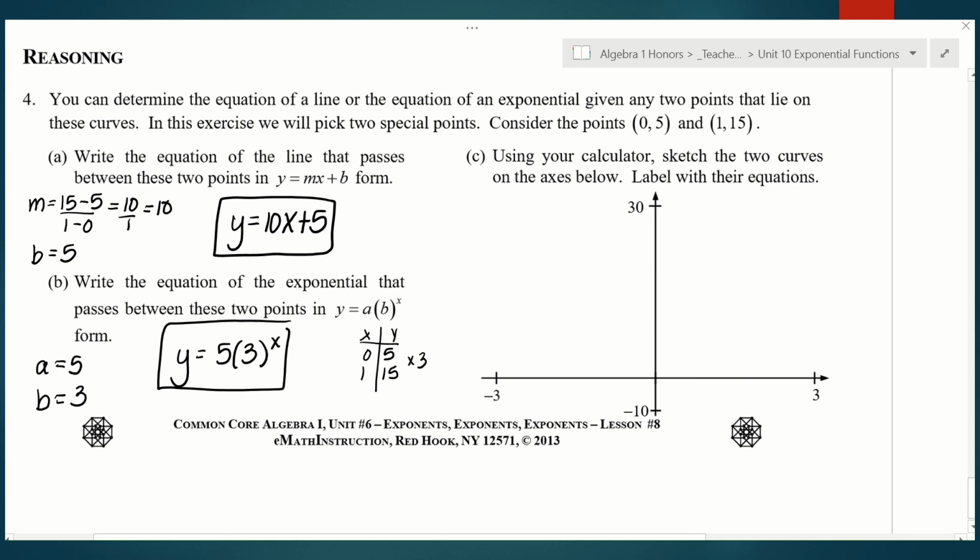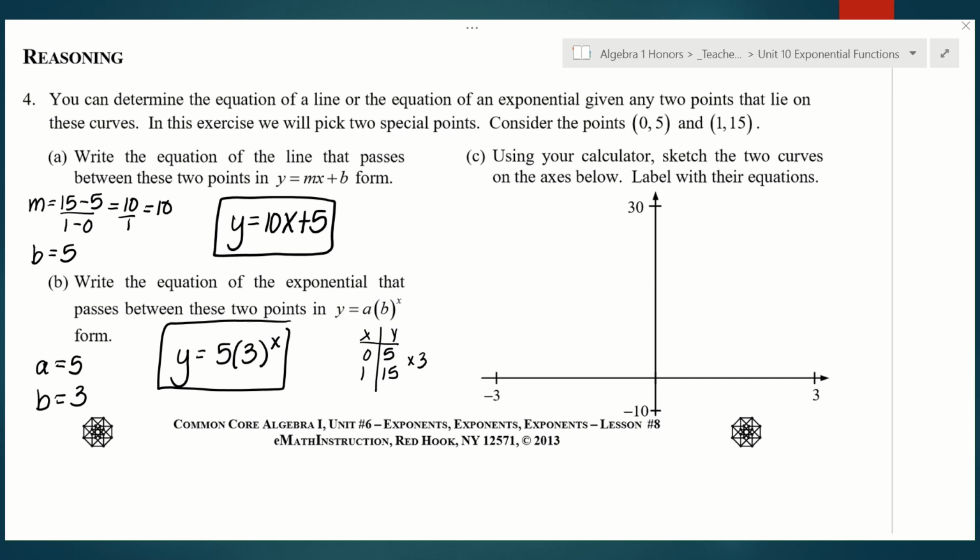All right, and then we're going to put these in our calculator and we're going to sketch the 2 graphs. So you can see the window they want you to use here. So let's go in, new graph, first function, y equals 10x plus 5, tab, put in our second function, 5 times 3 to the x, press enter.